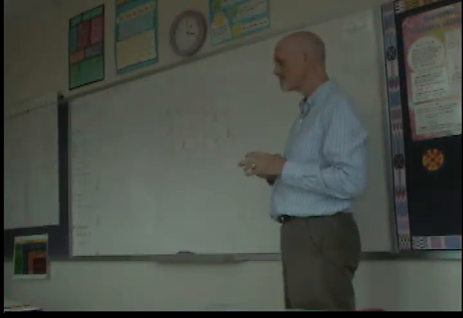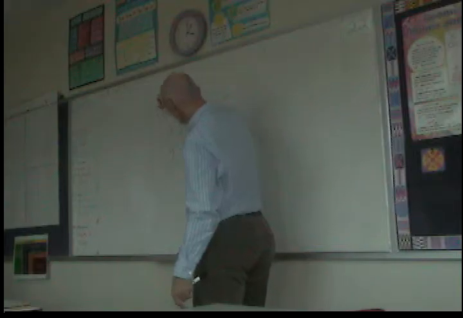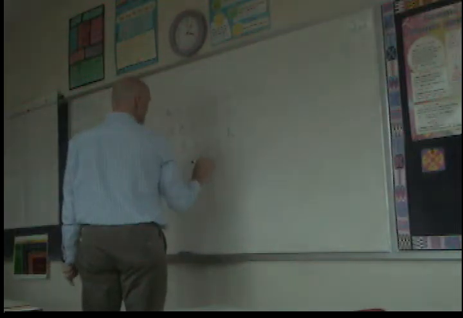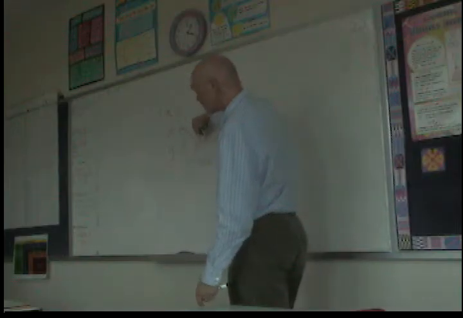You ready? Okay. Now, let me move to a different color here. What we're going to do is go diagonal. So we're going to go diagonal down like this, and we're going to multiply A times E times I.